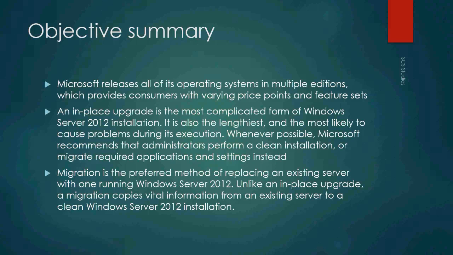Instead of doing an in-place upgrade, you can create a new server instance and migrate using the Windows Server Migration tool to move your server roles from one server to another, and by this you can easily replace the existing outdated server from your environment.